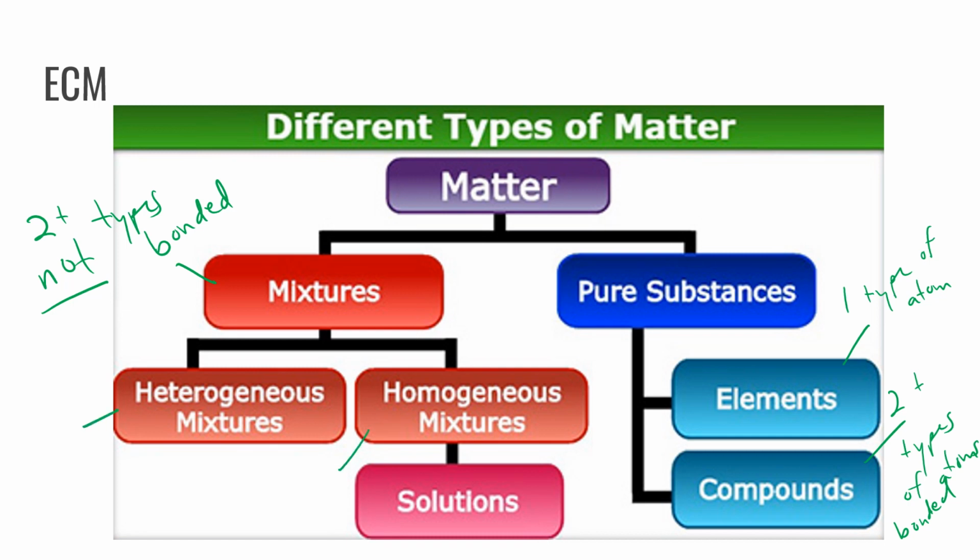And we have different types of mixtures here. We have homogeneous, which are uniform. So this would be like salt water. It looks the same in the top, bottom, and middle. Heterogeneous are going to be not uniform. So this is like when I mixed the oil and the water together in class, and you saw the little cup.